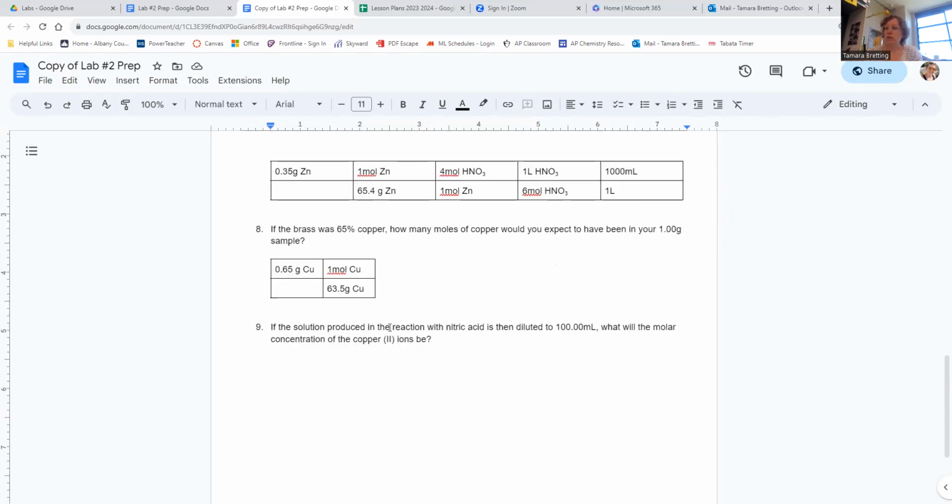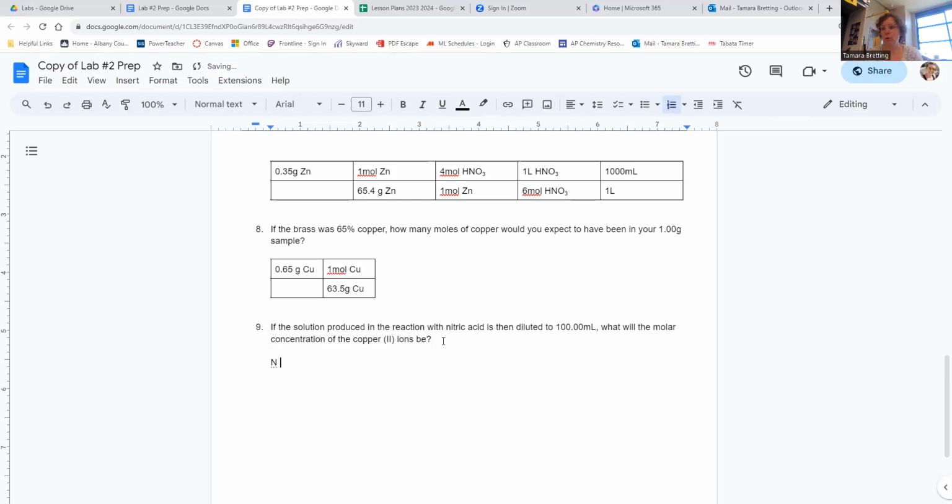Number 9, if the solution produced in the reaction with nitric acid is then diluted to 100 milliliters, what will the molar concentration of the copper ions be? Okay, so break that down a little bit. Molar concentration means moles per liter. Well, up here, you just calculated the moles. So you take that answer down here, you're going to divide that by the number of liters for your solution.